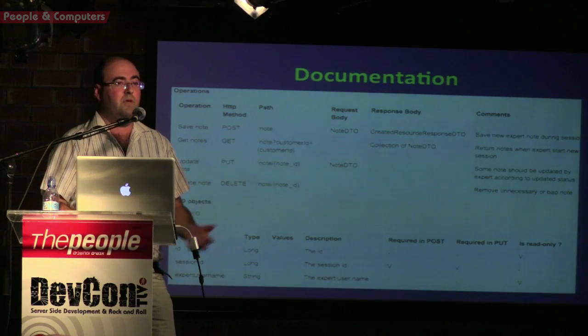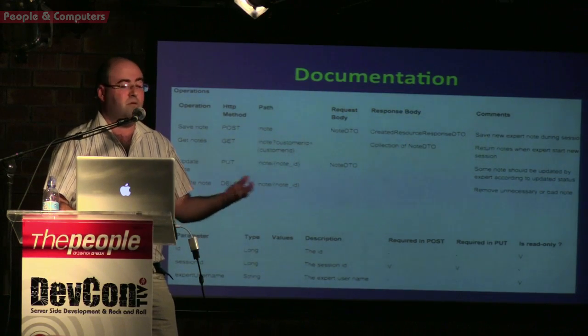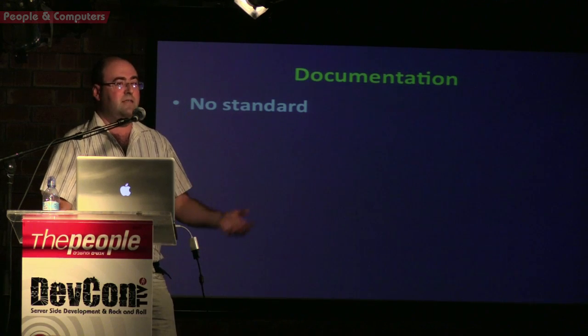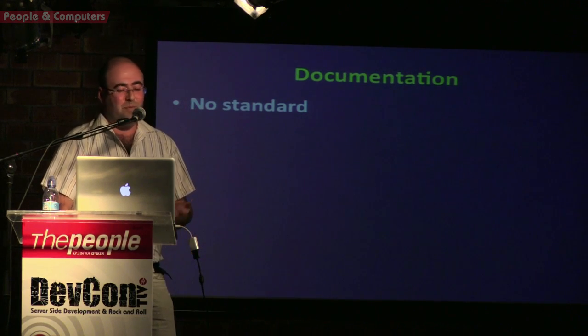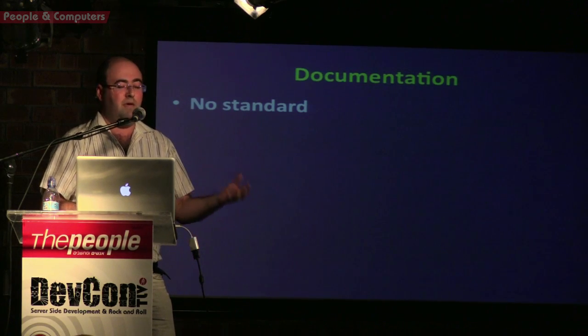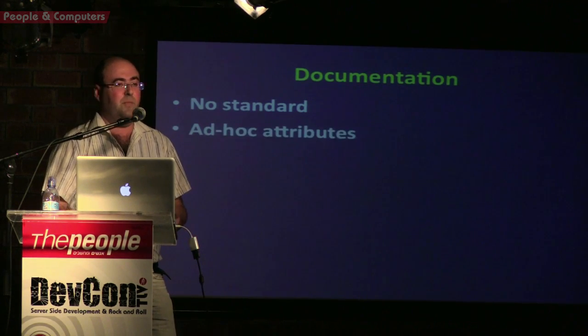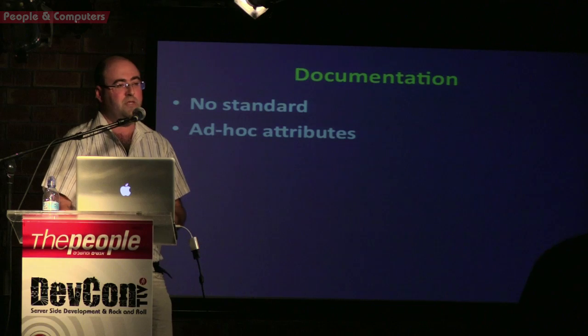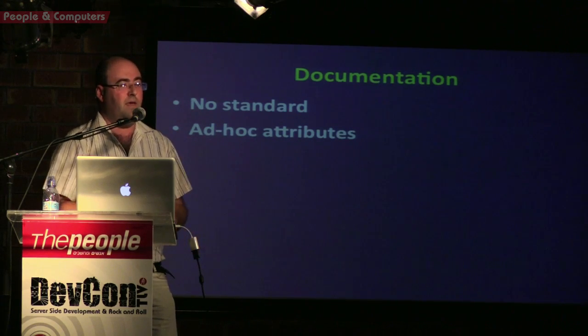So the issue was that we could not achieve a standard. We tried to do it, but with each and every API, we may have some new attributes, and we needed to add them. But what happens to the pages we already created? How do we update them?